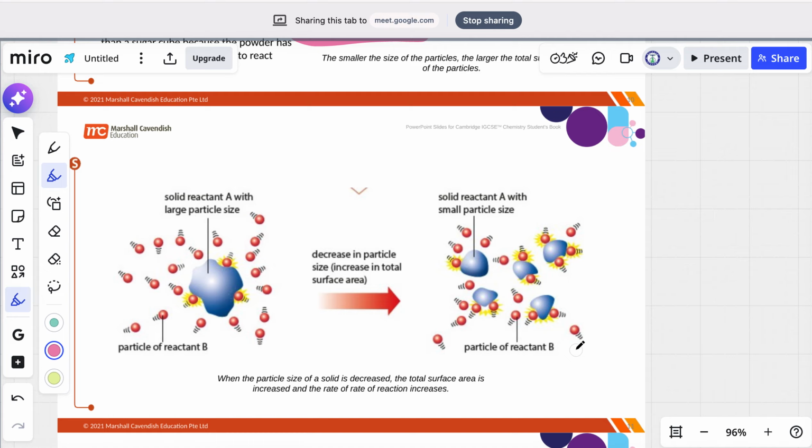The rate of reaction will happen faster here. Why? Because the other particles can easily react with this one since they are smaller in size, and then the rate of reaction is faster. So when you increase surface area, the rate of reaction happens very quickly.